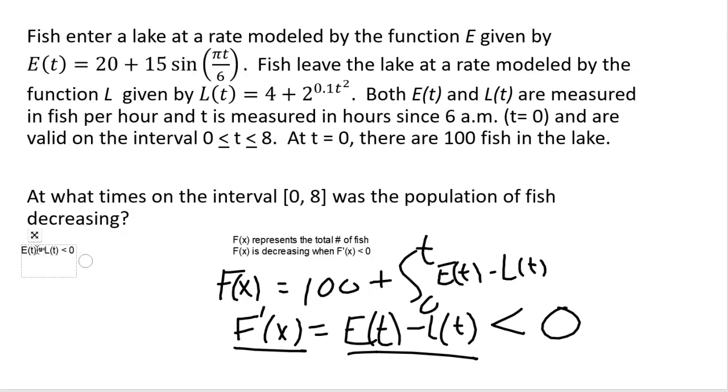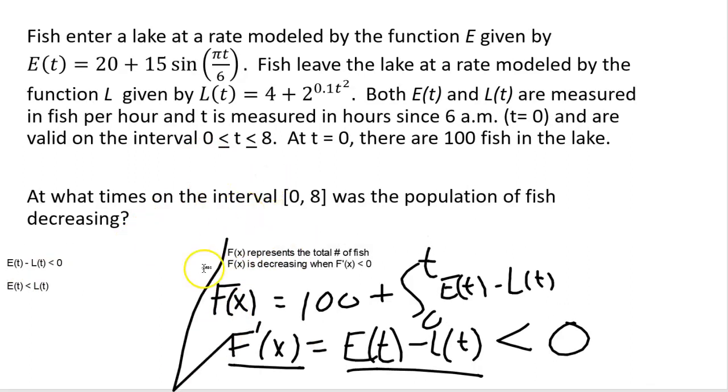And if e of t minus L of t is less than 0, if I just add the L of t to both sides, then I'm going to get the fact that e of t is less than L of t. Now there's a way that you could actually skip all of this and just jump straight to this conclusion, and I think that they would be okay with that.